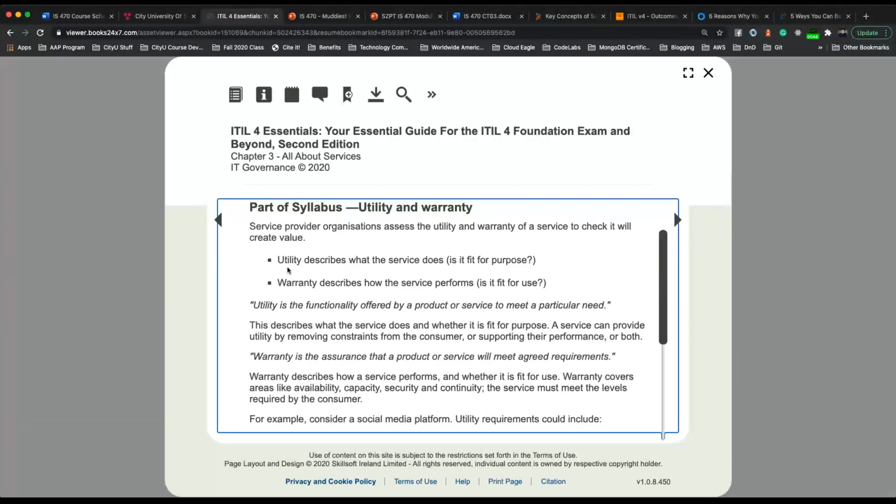So next is utility and warranty. Okay, the service provider organizations assess the utility and warranty of a service to check if it will create value. Utility is basically asking, is it fit for purpose, and it describes the service. Warranty is asking, is it fit for use, and describes how the service performs.